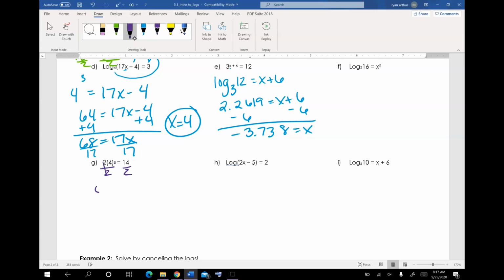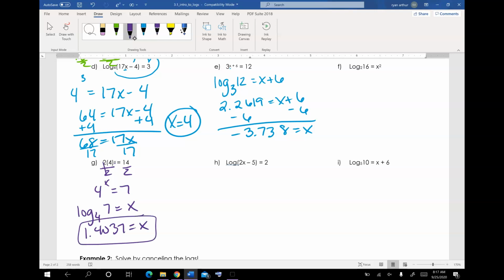So now it's going to be 4 to the x equals 7. Now I can convert it. So now it's going to be log base 4 of 7 is equal to x. Type the log base 4 of 7 into Desmos, and you'll get 1.4037 equals x, because x is already by itself.